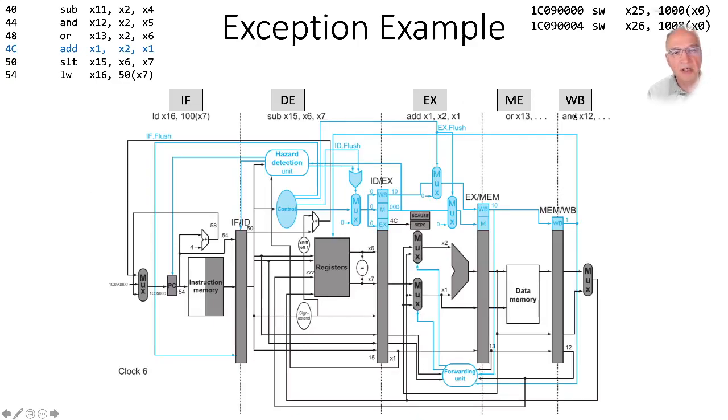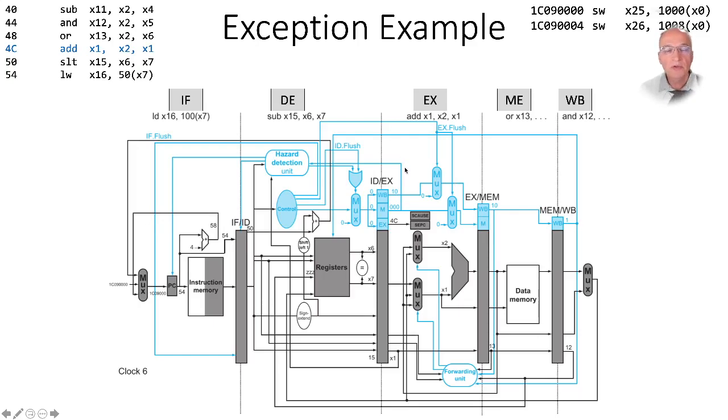So I have executed the and, the or, and now I am at the add, and the add will cause an exception. So it will set the values for the control for this instruction to 0, and will also determine that all the previous instructions need to be flushed.